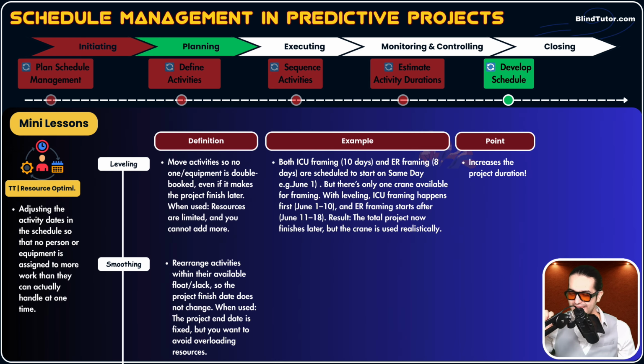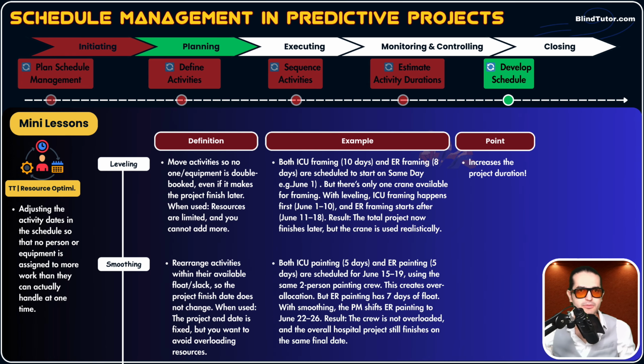We adjust the activity start date within that flexibility, that slack, that float, because these activities have total float, so we can play around. And since these activities are not on our critical path, our project date won't shift to a later date, guys. Isn't that interesting? So let's elaborate with an example.